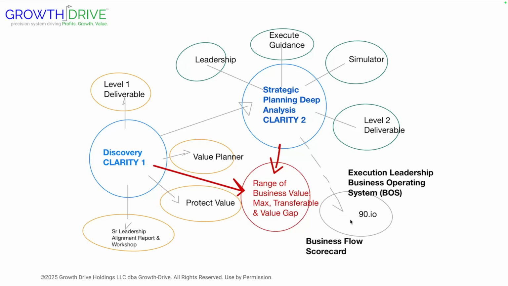Okay, so you can very, very efficiently imagine what I'm talking about here is less than an hour to do Clarity 1. If you're just doing it with the CEO, let's say 2 hours, including some robust conversations to complete Clarity Level 2. And then to stand up an instance in 90.io is the push of a button.